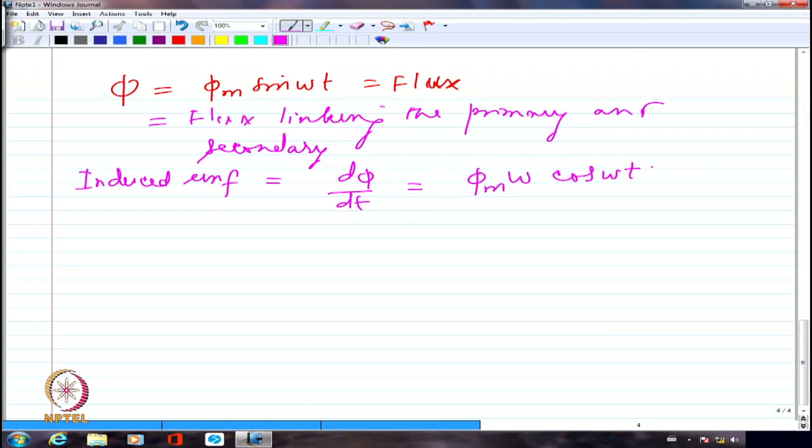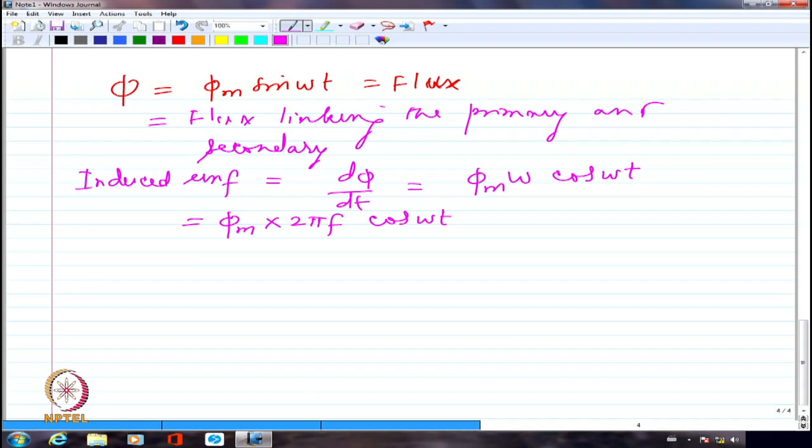This is what is going to be the induced EMF. So if this is the induced EMF, I can write this as phi m multiplied by 2 pi f multiplied by cos omega t, where f is the frequency at which the entire current or the flux is oscillating.